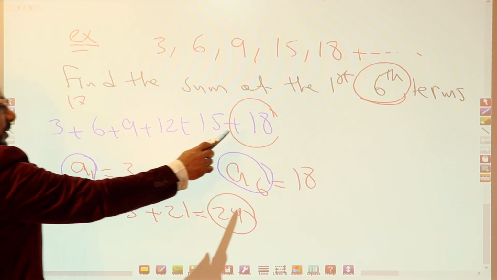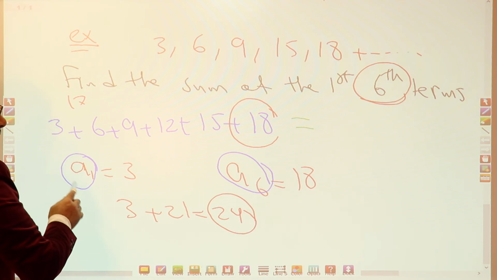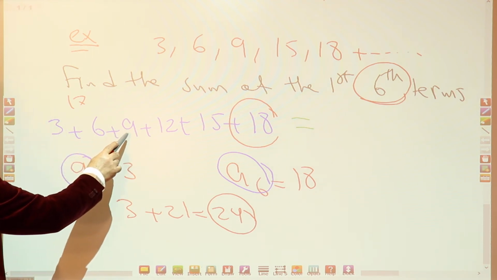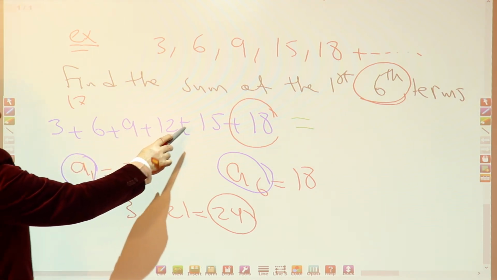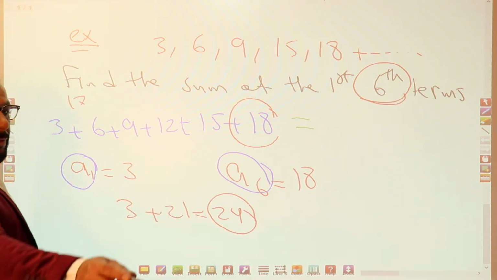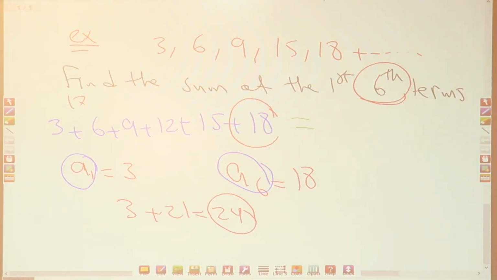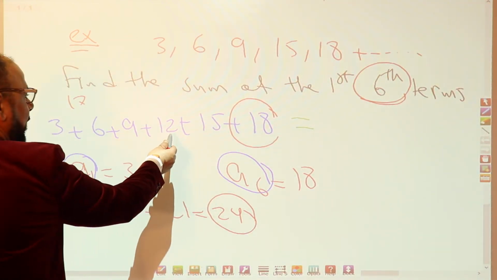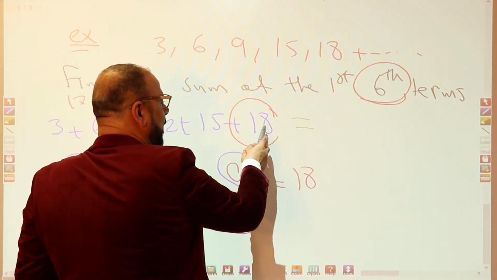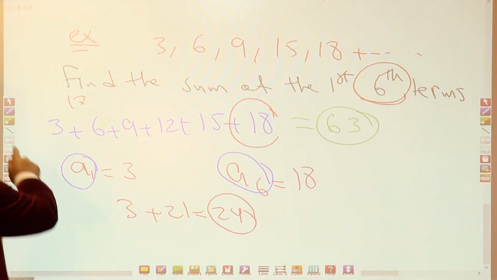If you add all these one more time: 3 plus 6 is 9, 18, 30, then 30 and 15 is 45, and 45 plus 18 is 63.